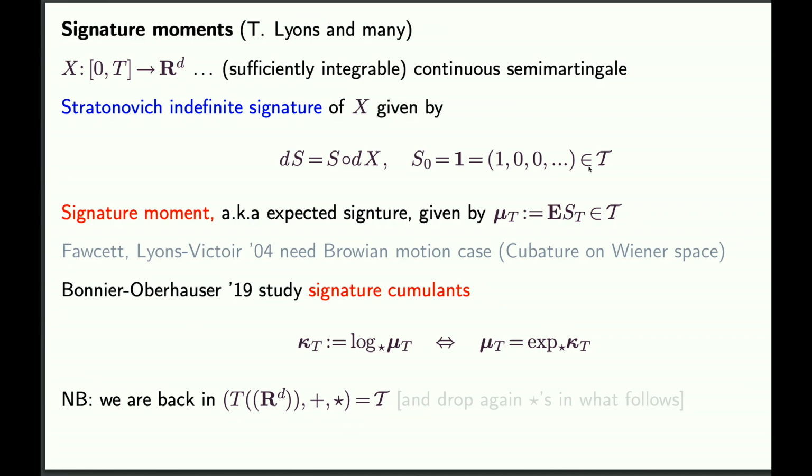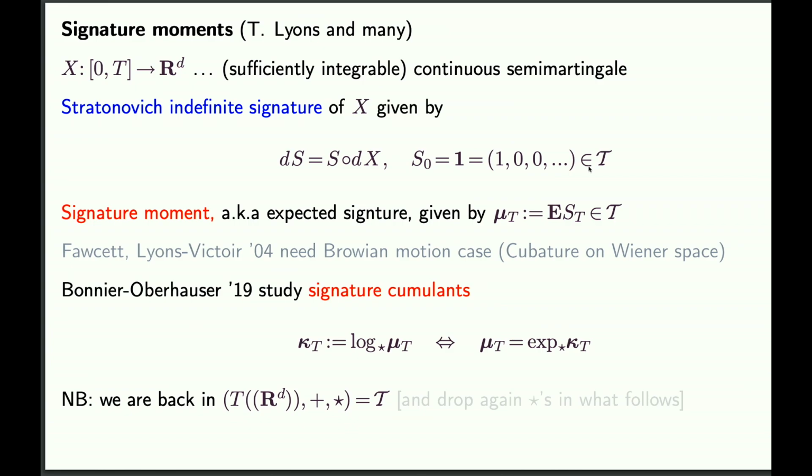By the time you take expectation, convex linear combinations, this geometry is destroyed, but you still have one element here in the tensor algebra. So the ambient space is important here. We're not doing abstract processes on Lie groups. I want this ambient space to have a linear structure where I can take this expectation, right? So the correct terminology would be somehow the one of Hopf algebras, and this G is the character group, but let's not go in there.